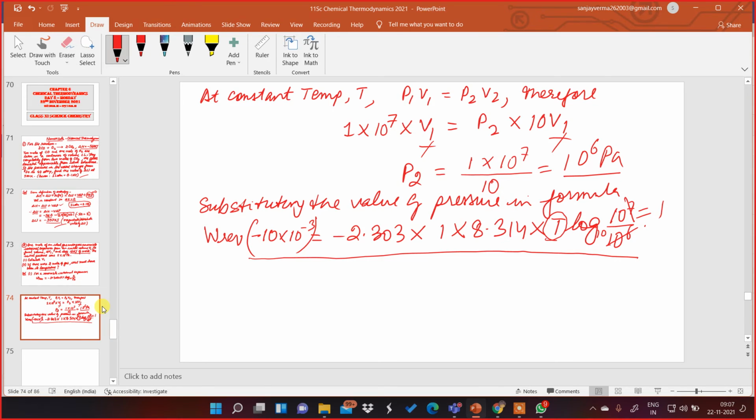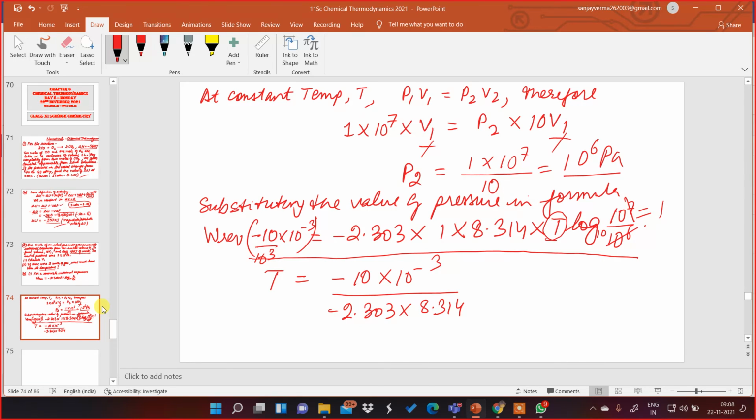So now T becomes equal to minus 10 into 10 to the power of minus 3 divided by minus 2.303 into 8.314. Sir, kilojoule to joule, should it be minus 3 or plus 3? We are converting kilojoules to joules, no?